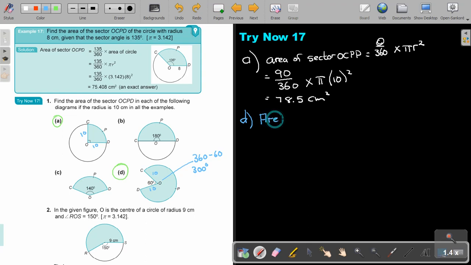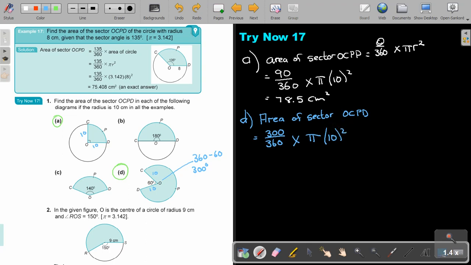So the area of sector OCPD is going to be 300 over 360 multiplied by 10 squared, exactly as the previous one.